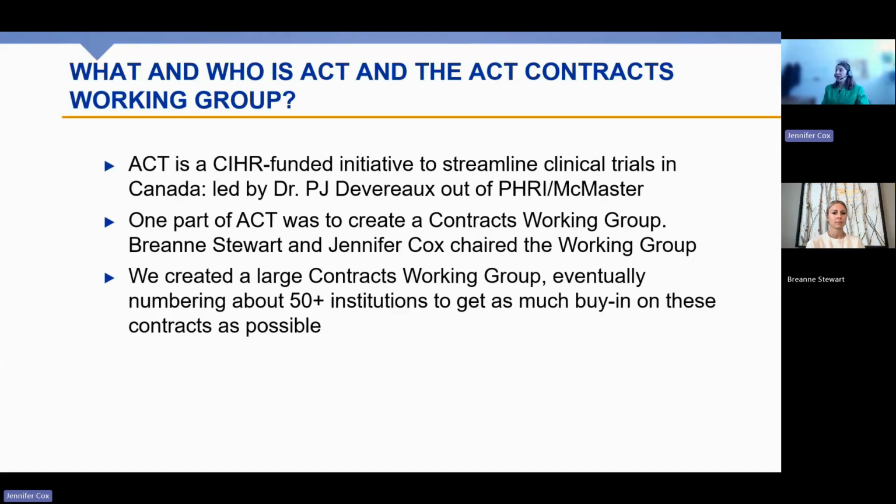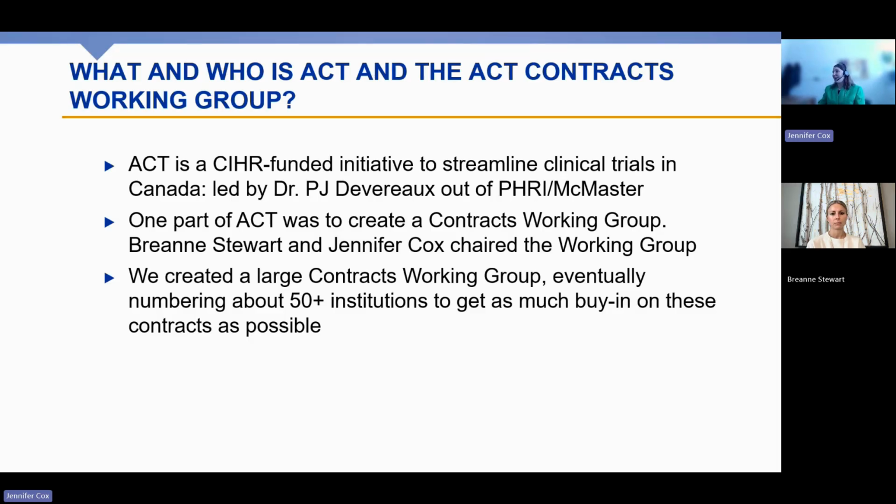Although the initial ACT grant only had 11 clinical trial units in it, representing 11 institutions, we thought that approach was not going to get us the contract that we wanted. So we cast a really wide net across Canada and eventually brought in over 50 institutions to be part of the working group. We did this because we didn't think these 11 institutions could create something that everyone else would just sign on to. That's not typically how contract negotiations work.